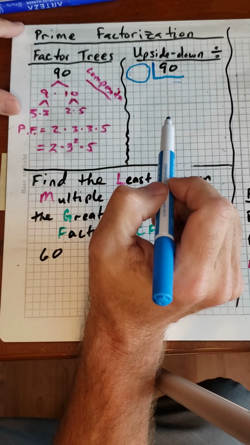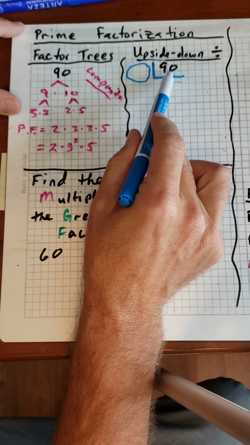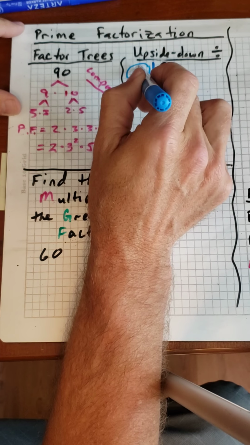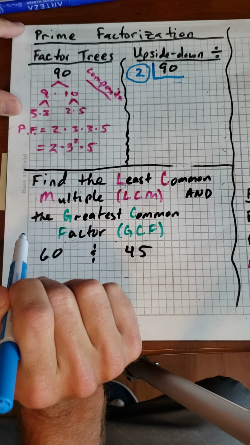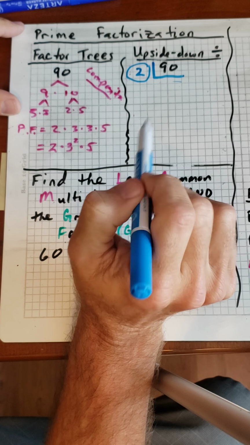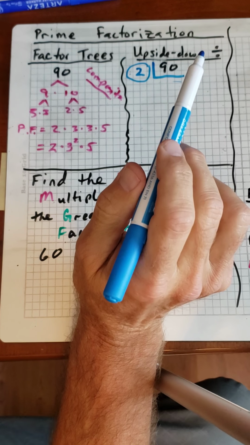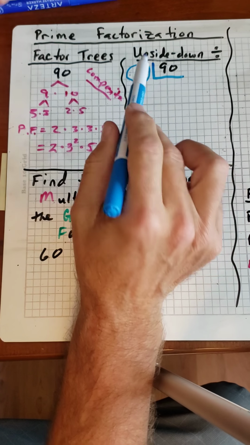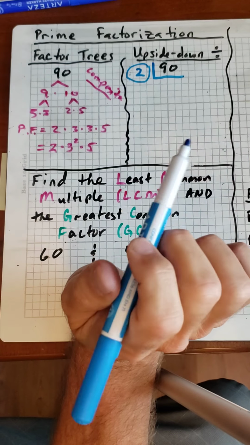And a lot of times it's a prime number. So if I look at 2, does 2 go in here? It sure does. 2 goes into 90 2 times, right? So 2 times what gives me 90? So that works. But other times a kid might go, well, 3 is also prime, and I know 3 goes into 90. That also works, okay?